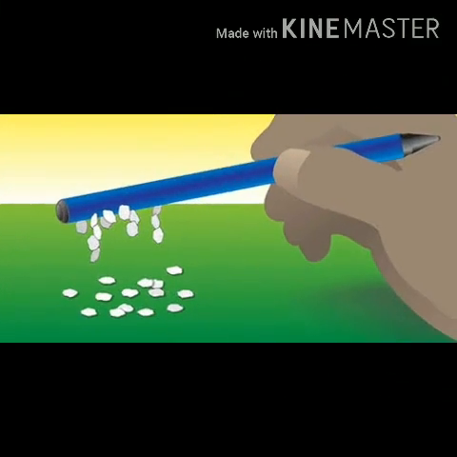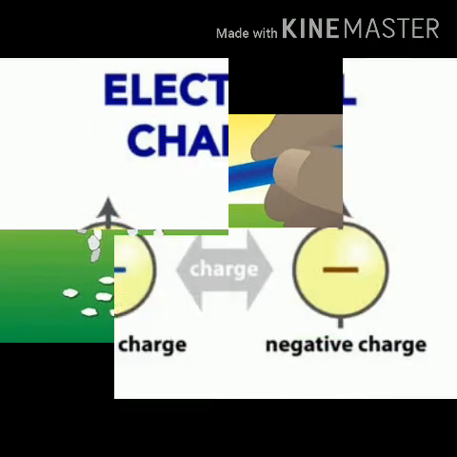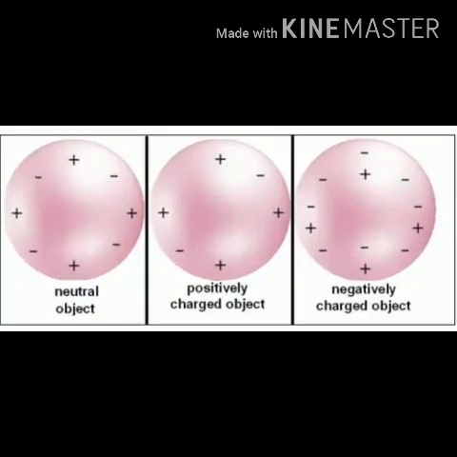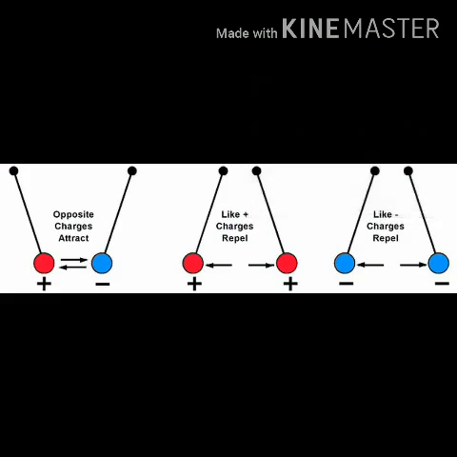We have learned in earlier standards about static electricity and electrical charges. There are two types of charges, positive charge and negative charge. Some objects we say are positively charged and some objects we say are negatively charged. To prove this, we have performed various experiments regarding positively charged and negatively charged objects.